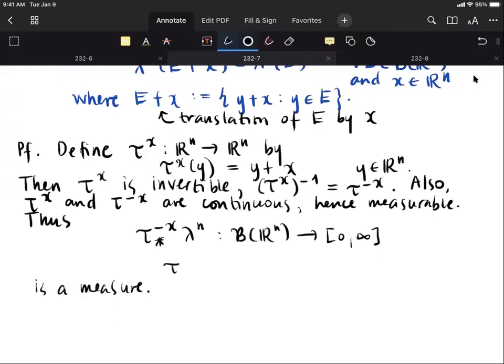So again, this is defined as follows. So lambda n of tau, the inverse of tau raised to negative x is tau x, E, a Borel set in Rn.